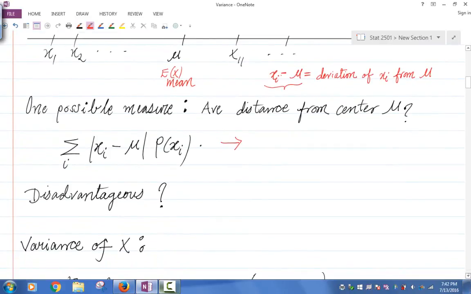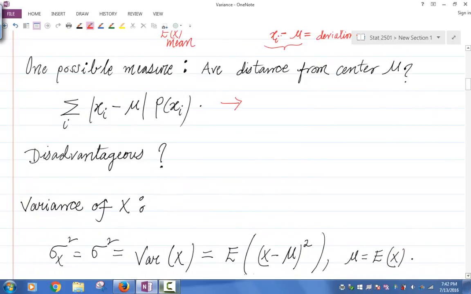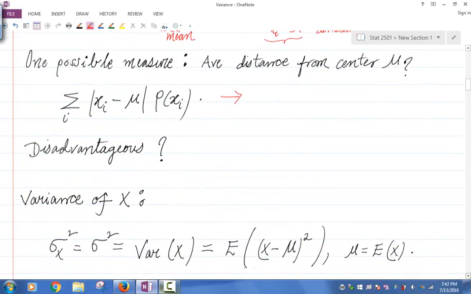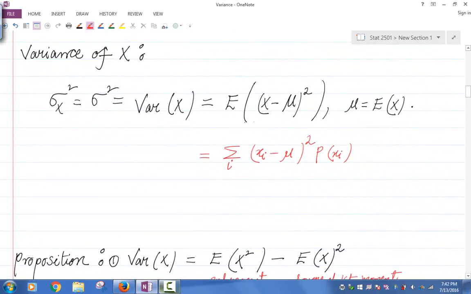So we use another measure of spread, which is called variance. The variance of a random variable X is denoted by sigma subscript X superscript 2, or sometimes simply, when the context is clear, we write sigma squared. We also use the notation VAR of X for the variance, and all these symbols mean the same thing.